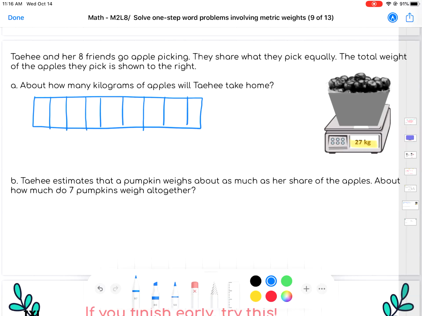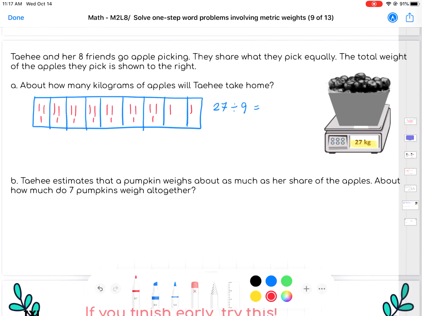And all together they picked 27 kilograms. And we need to divide 27 by 9 because there are 9 friends. And what is my answer? How many 9 can go into 27? There are different ways to solve this question. That is just manually put the number or the stick or apple inside this tape diagram.